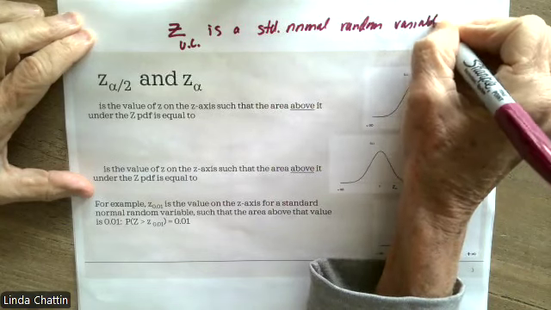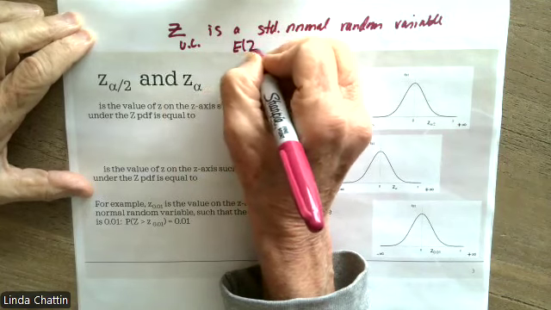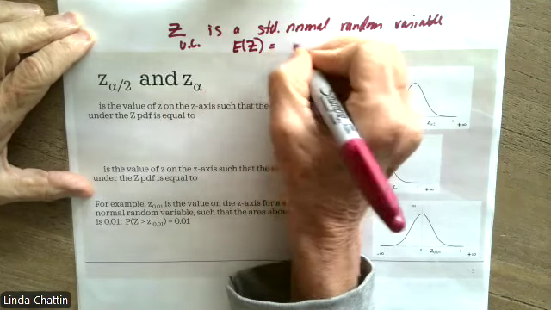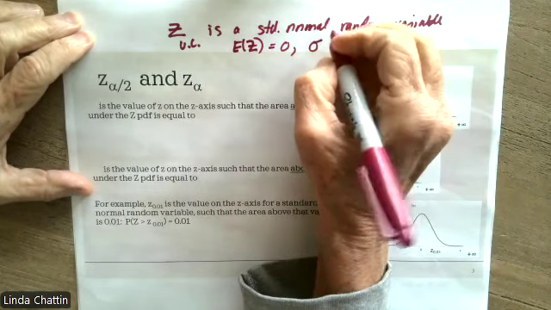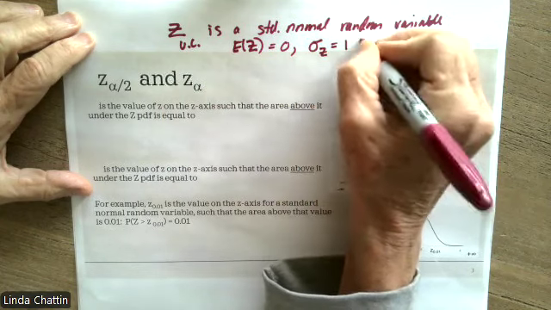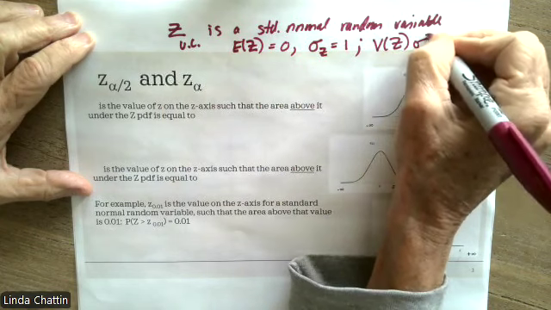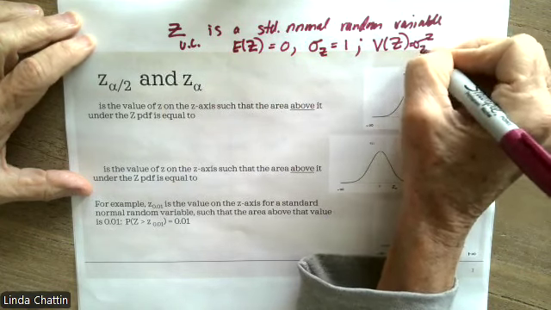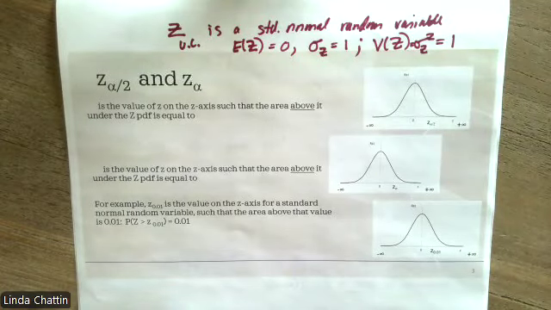What do we know about a standard normal random variable? We know that the expected value of Z is equal to 0, and the standard deviation of Z is equal to 1, because the variance of Z, which we often call sigma squared of Z, is also equal to 1. So you're already familiar with this distribution.